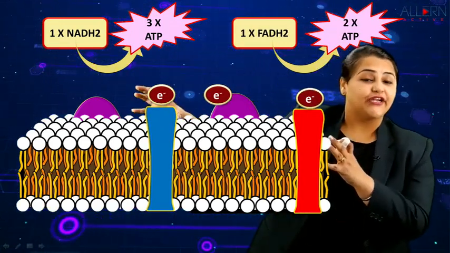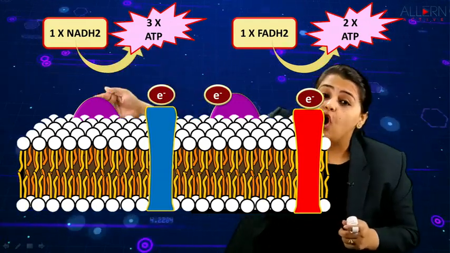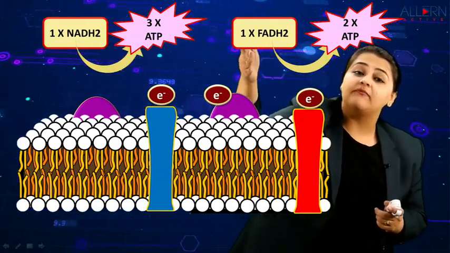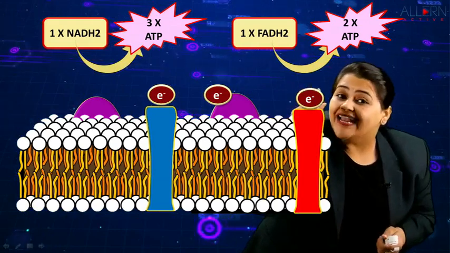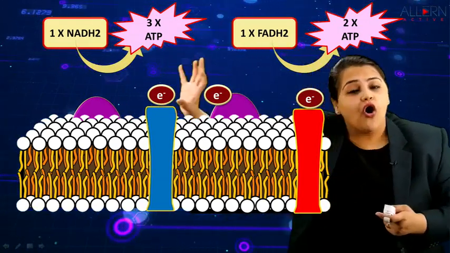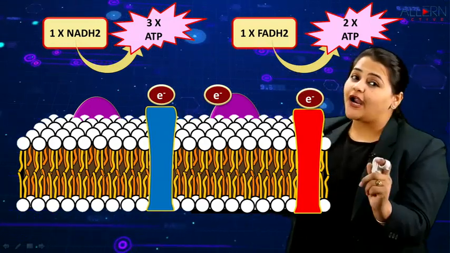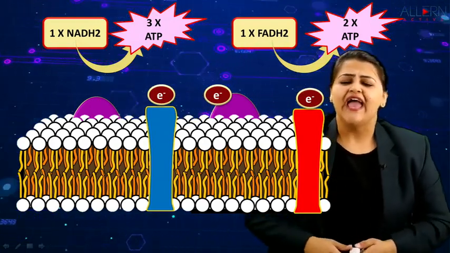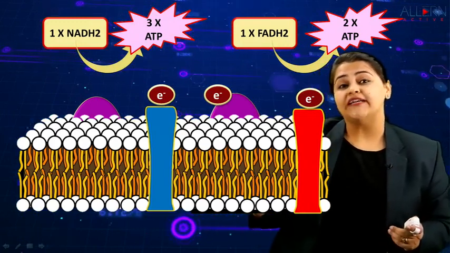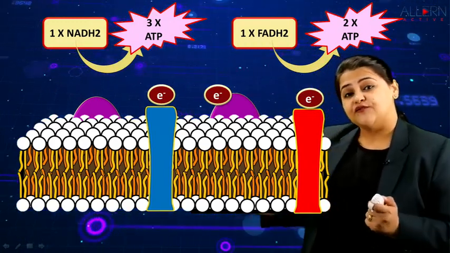So these electrons will jump from complex to complex, complex to complex, and then convert all this NADH2 and FADH2 into 3 ATPs and 2 ATPs respectively. And that is why we call it the electron transfer chain.